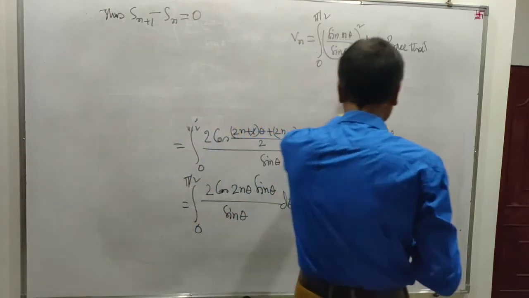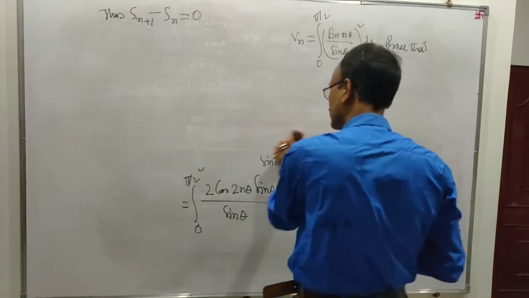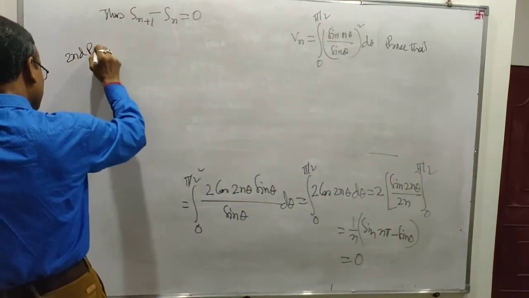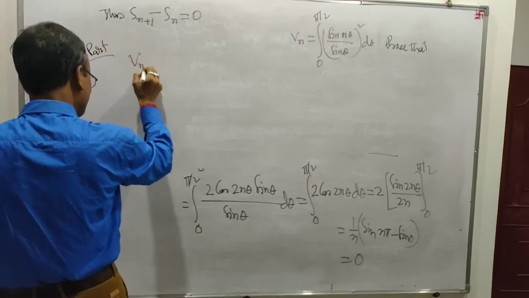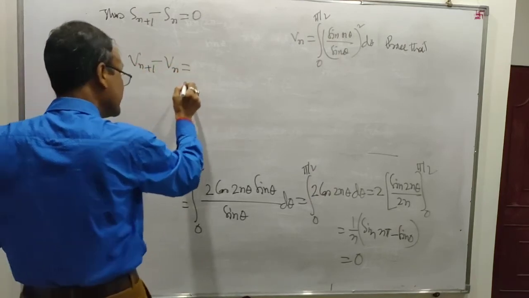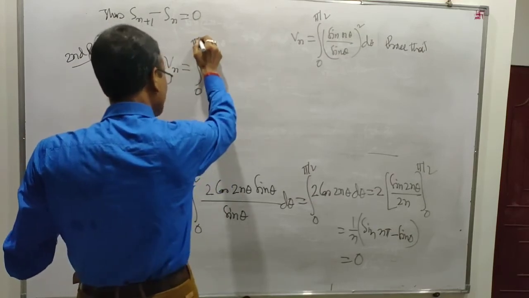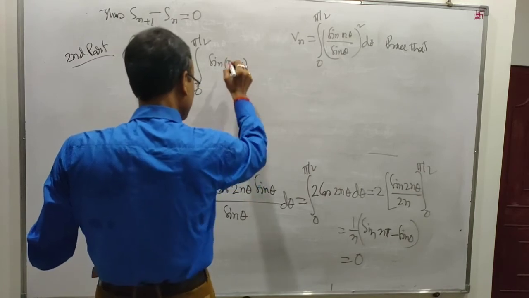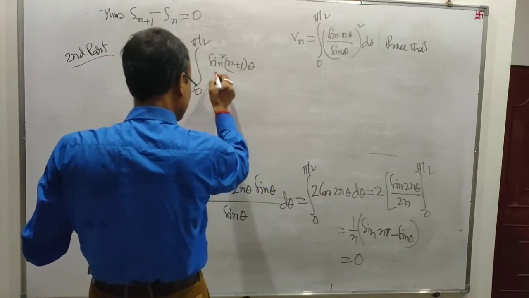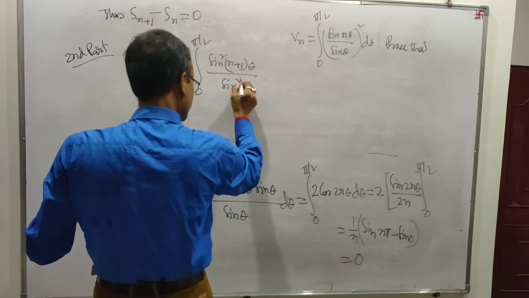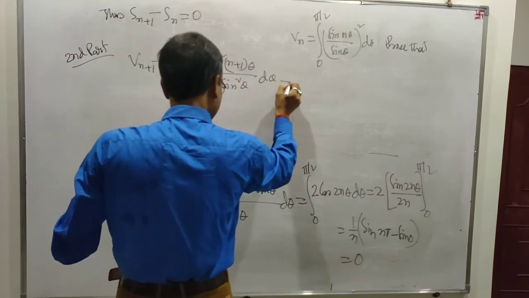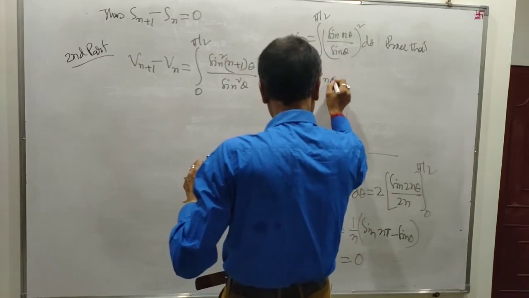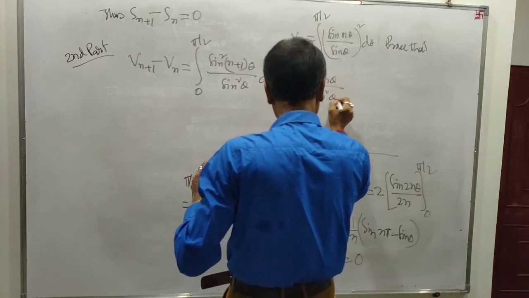Now, Pn+1 minus Pn. Second part. Pn+1 minus Pn equals the integral from 0 to pi by 2 of sine square (n+1)theta divided by sine square theta d theta, minus the integral from 0 to pi by 2 of sine square n theta divided by sine square theta d theta.